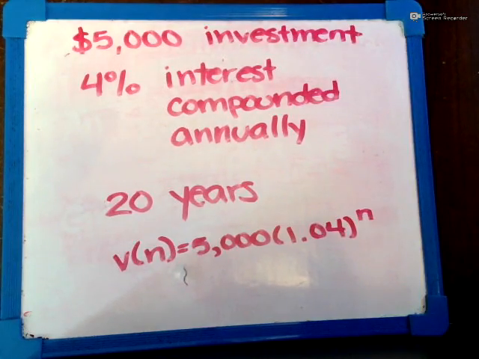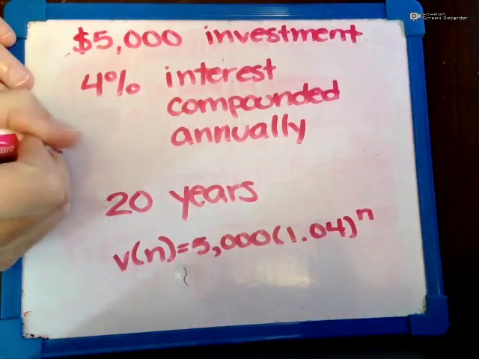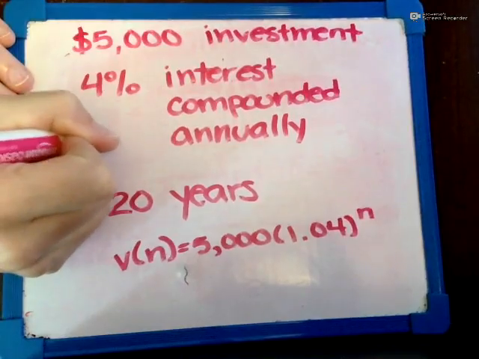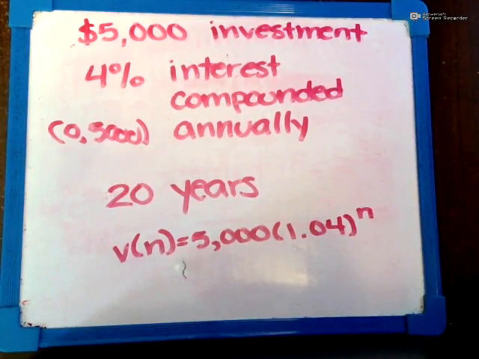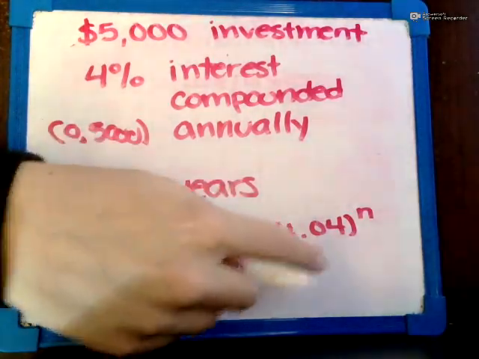Let's see. At year 0, the value of Aisha's account is $5,000 because that's her initial deposit. So our first point is going to be (0, 5,000). Okay. In 20 years, the value of her account will be approximately $10,956 because it's got that 1.04.